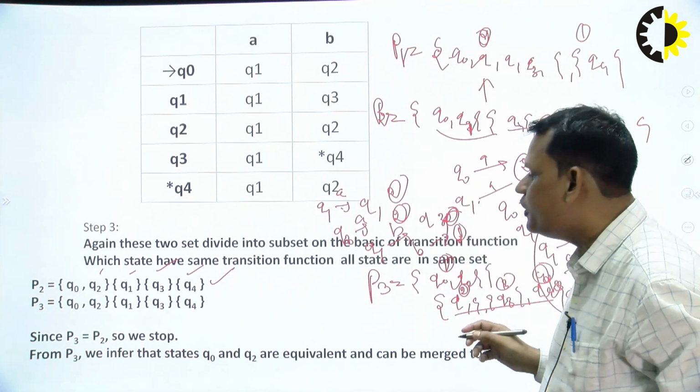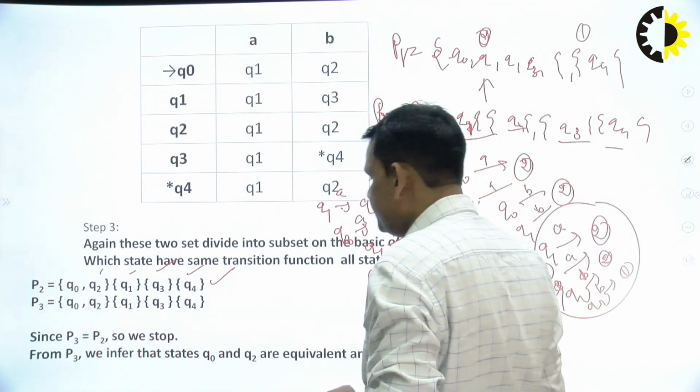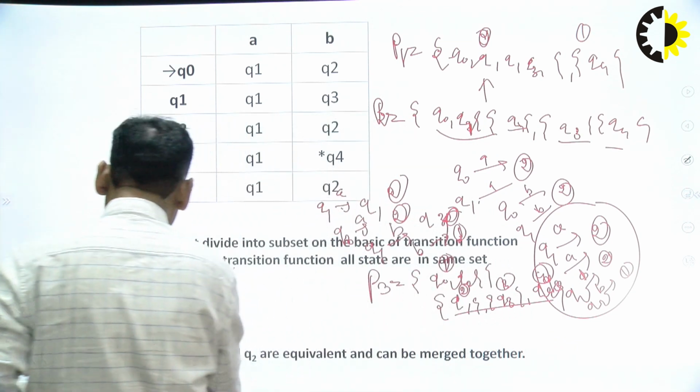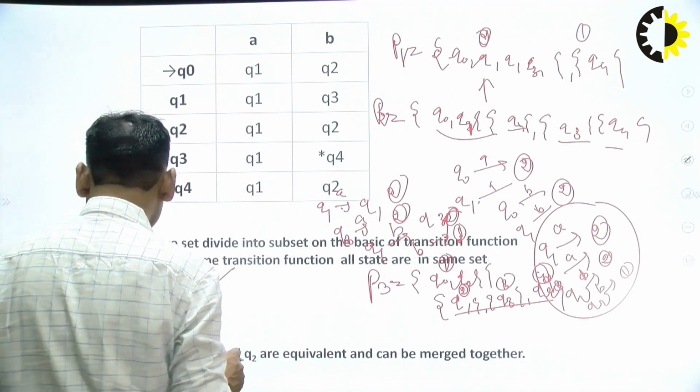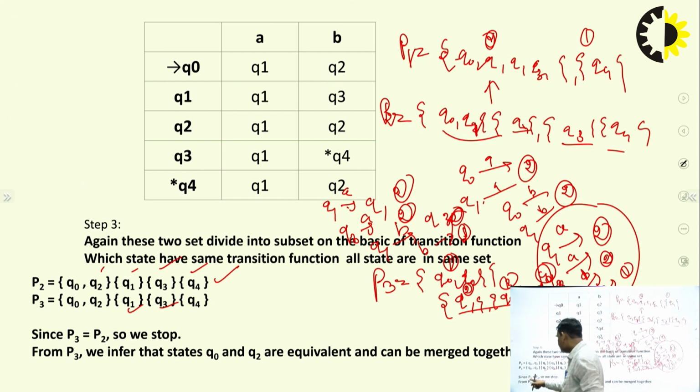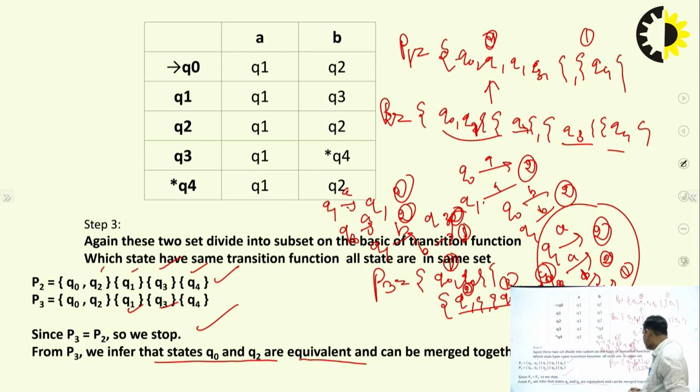This is not a single set, it is a partition. Q1 and Q3 break the set, and P3 equals P2, so we stop the partition. P3 is the equivalence of the sets, merged together.